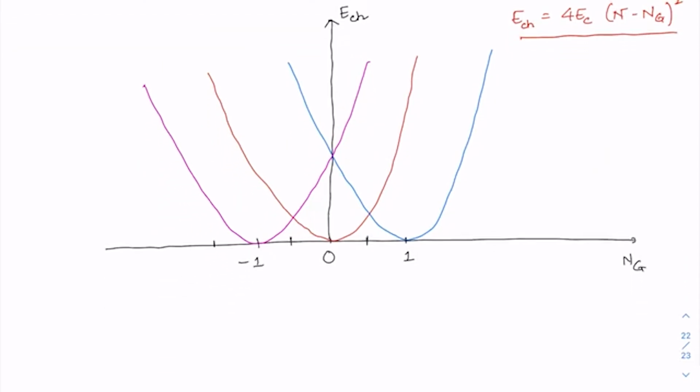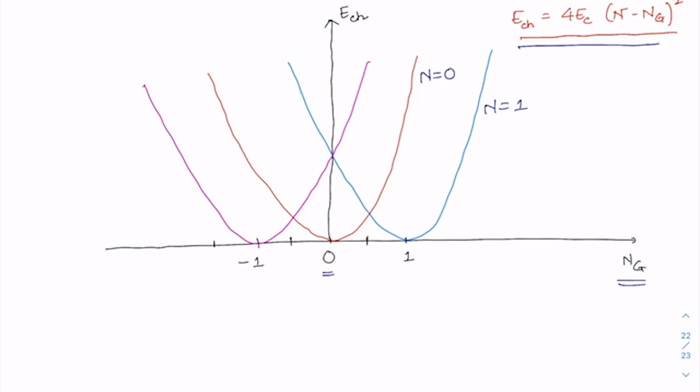Here this red one refers to the case where n is equal to 0, and as you can see from this expression, this is a parabola, and this parabola would be centered around NG is equal to 0. If we now take n is equal to 1, that is the parabola in blue, and this would be centered around NG is equal to plus 1.